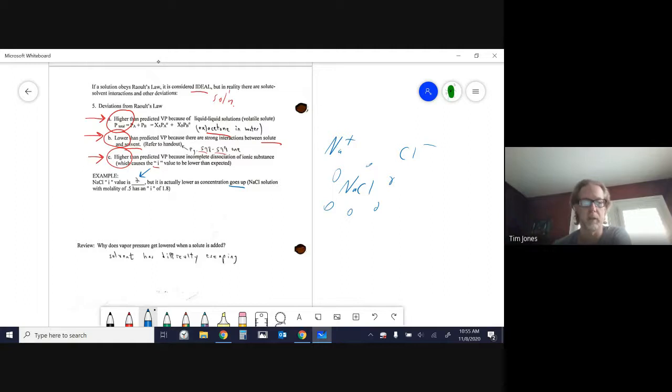Or you might even have a little chunk of a few of these ions. And so the I value is actually less. And I looked it up. An NaCl solution with a molality of 0.5, its I value would actually be 1.8 and not the 2 that we would have used in a calculation.